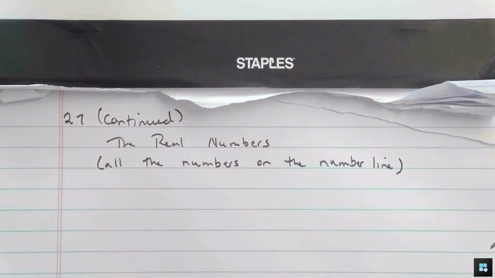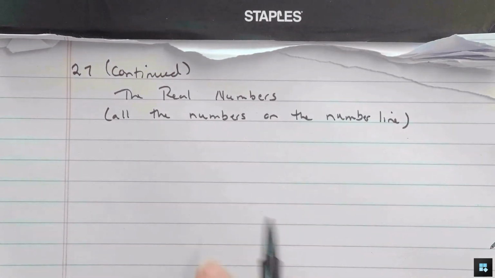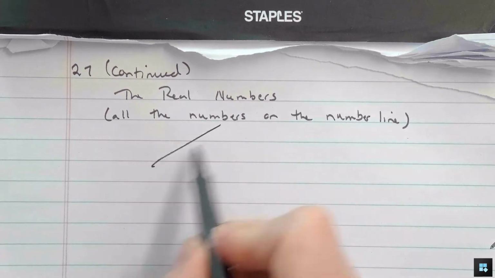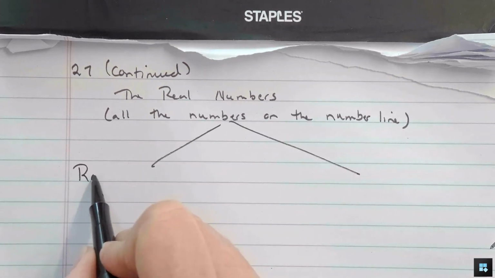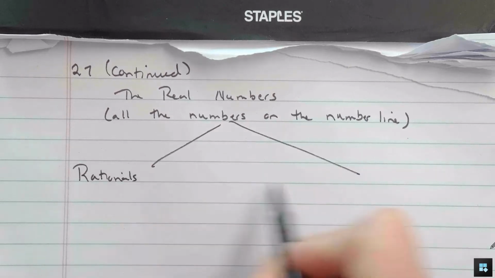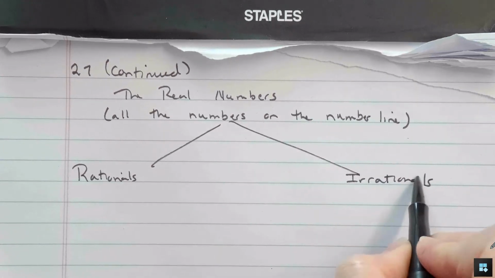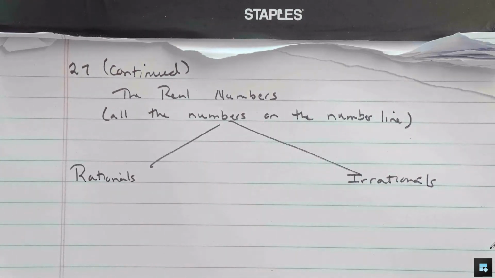Those can be divided in a number of different ways. One way to divide them up into two sets is to make the rationals and the irrationals. So the real numbers can be divided completely into two sets, rational numbers and irrational numbers. And that's how we're looking at them this morning.